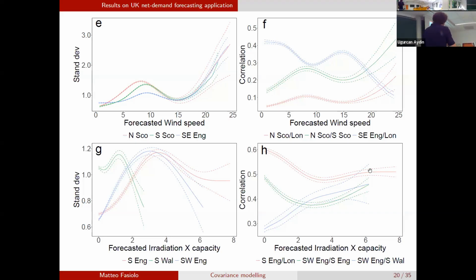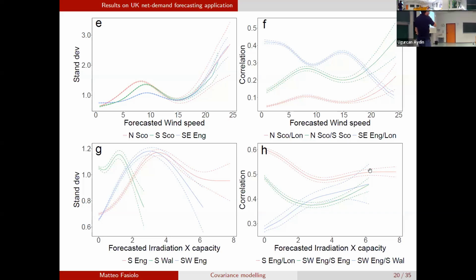Similarly, if you look at the plot down here, we have forecasted solar irradiation times capacity, the installed capacity of solar panels across the regions. These plots have different x-axis scales because the installed capacity is different across the regions, but the shape is similar. And the explanation for this shape is similar to the one before.